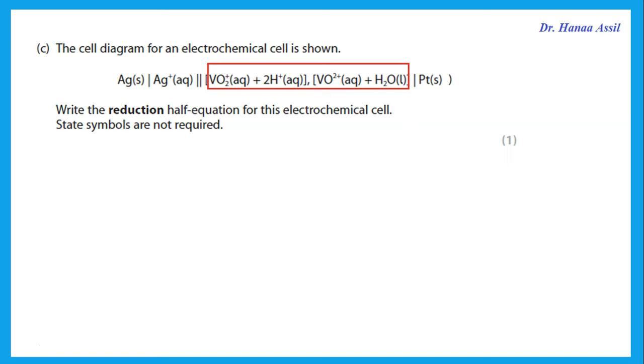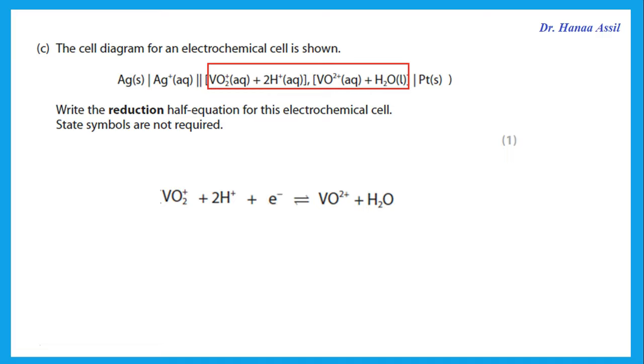We are already given the reactants, so the reactants are VO2 plus 2H plus to give VO with 2 positives plus water. We are told that state symbols are not required. This is reduction, that means gain of electron.